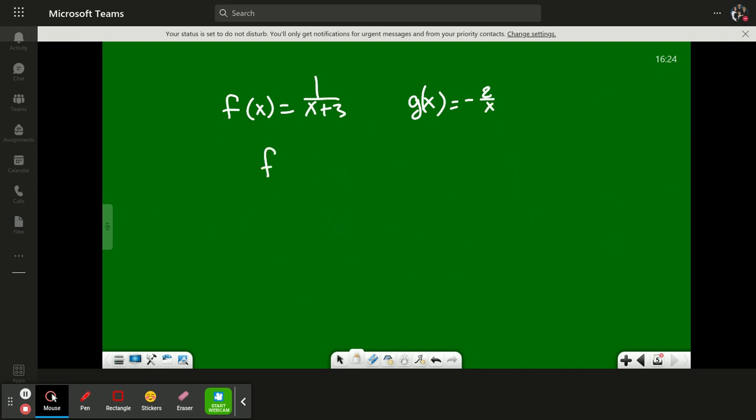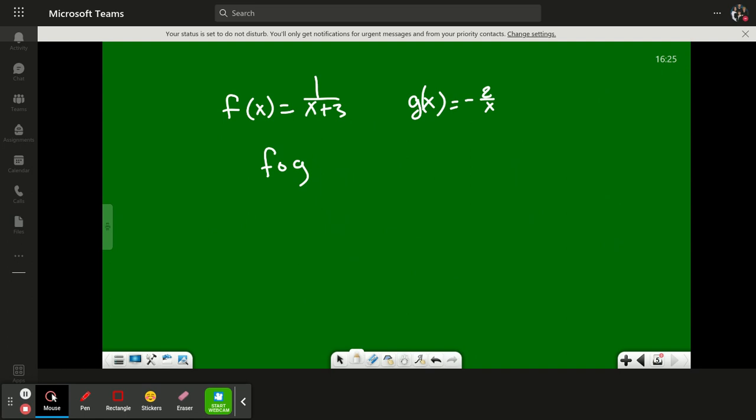So what is my domain for f of g of x? So what would the x not equal to on the g of x would just be x doesn't equal 0?